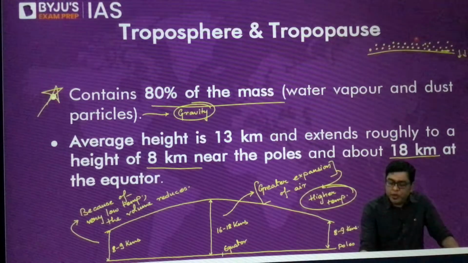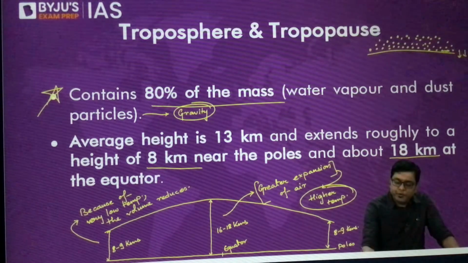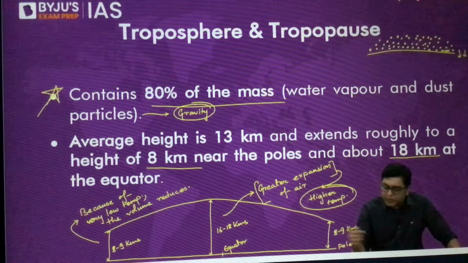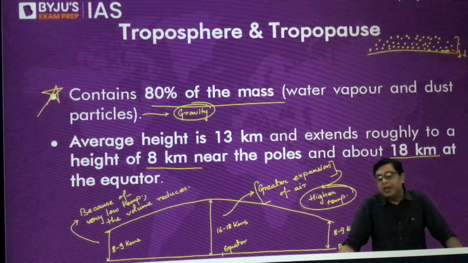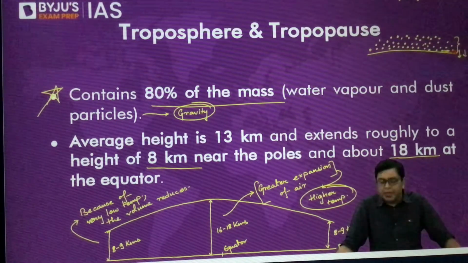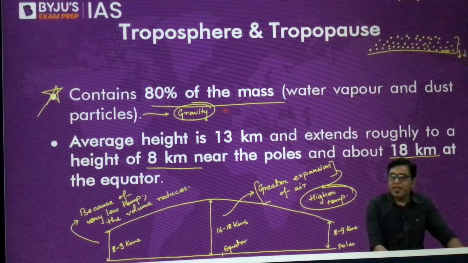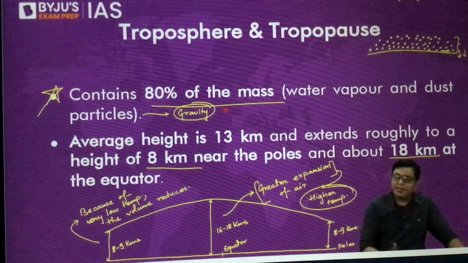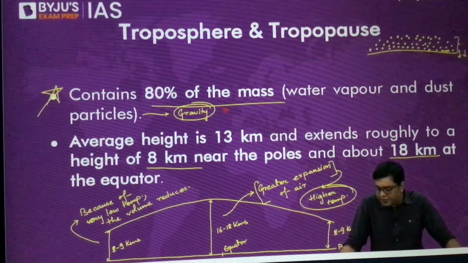And when you have a greater number of particles attracted closest to the surface, if I calculate the mass of it as compared to lesser particles higher up, can I not say that this area represents the majority of the mass of the entire atmosphere? Can I not say that the force of gravity is responsible for the maximum amount of mass closest to the surface? How many of you still have doubt in this?